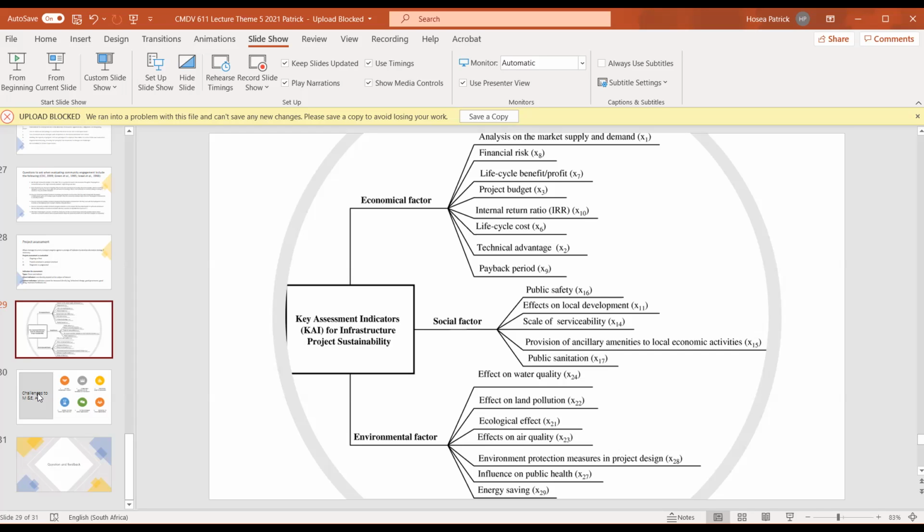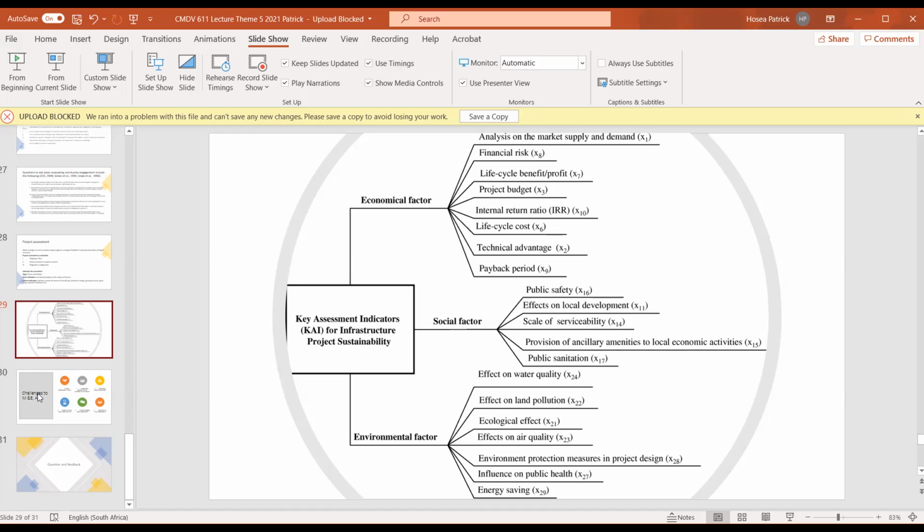For the economic factor, you look at the markets, what's the demand and supply, what are the financial risks, what's the life cycle or benefit of the project, what's the project's budget itself, what's the internal rate of return, what's the life cycle of costs, the technical advantage, payback period. These are things you look at when you consider the economic factors in your assessment.